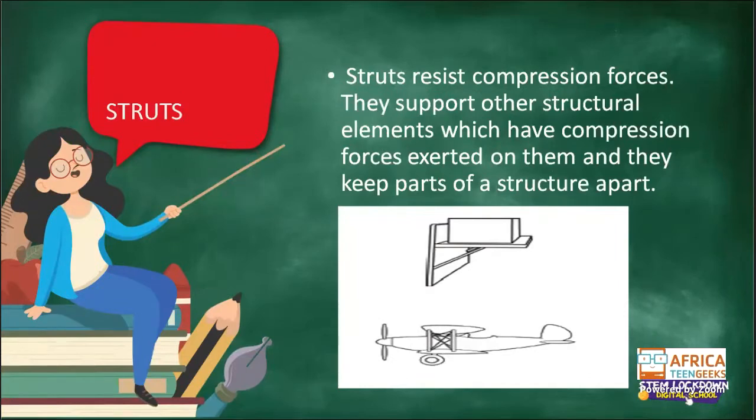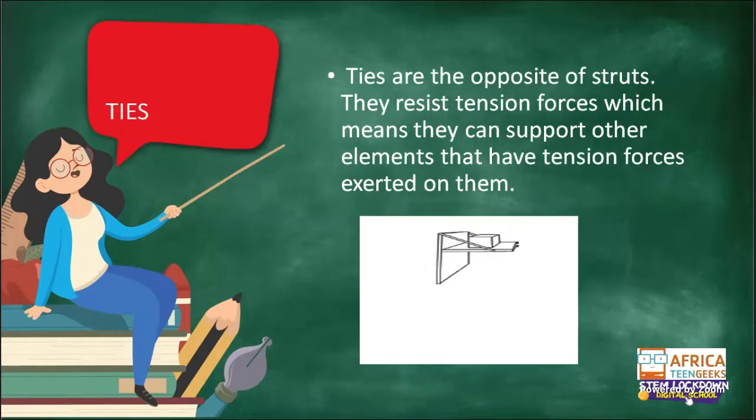Then on top there, you look at the bottom. You have got a load on top, and at the bottom, because of the pressure, it tries to keep the vertical and the horizontal components of these objects stable. That is the work of the structural component called strut. All right. Now let's go on.